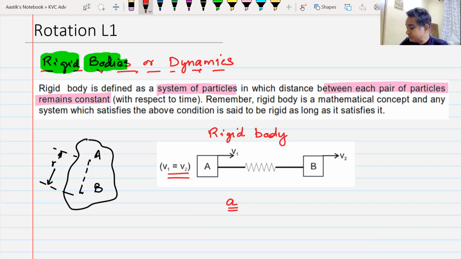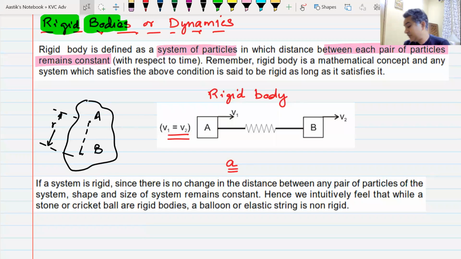So, this is what we mean by a rigid body. Now, since the distance between any 2 points does not change, there is no change in the distance between any two points that you take, the size and the shape of the system will remain constant.